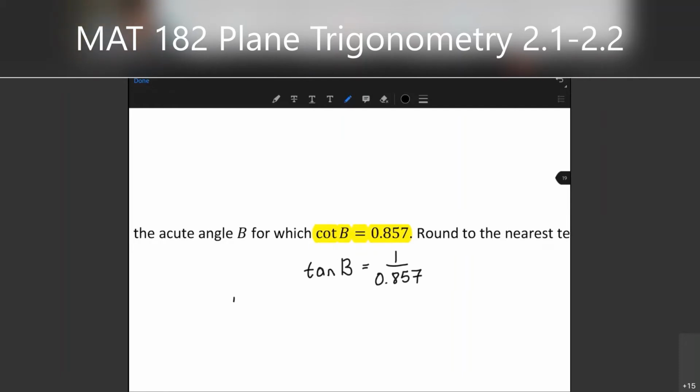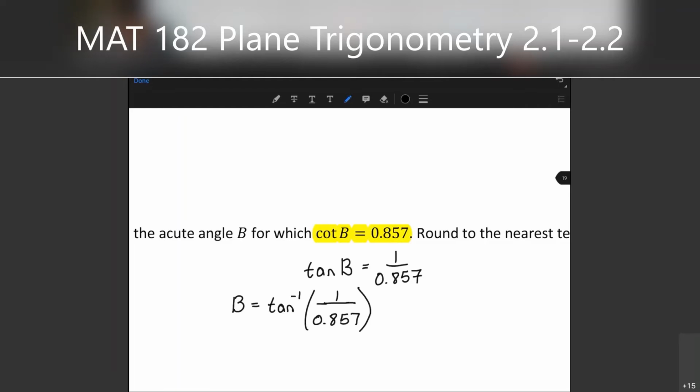So here I could say that the angle B is equal to, now I can use my tangent inverse instead, and I'm going to put 1 divided by 0.857 in that ratio. So the first thing we had to do again is take the reciprocal, because we need the reciprocal function tangent, and then we're going to use the tangent inverse.